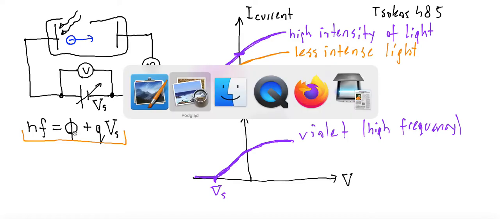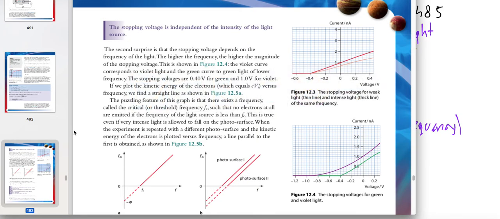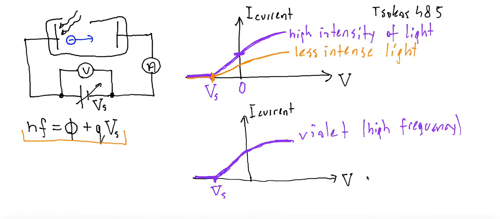So what happens if light of lower frequency is used? Of course, let's look, the stopping voltage is different. If we have smaller frequency and the same work function, then the stopping voltage must be less. Is that clear? So to stop electrons for less frequent light, we have less stopping voltage.